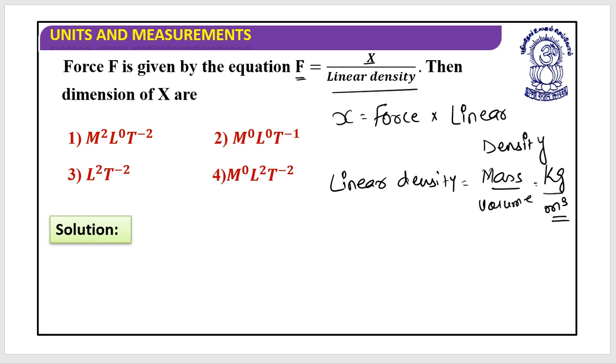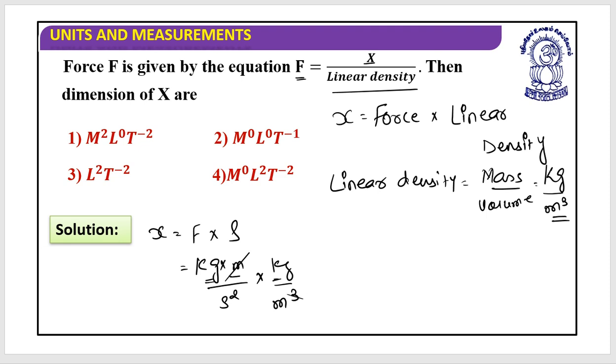Remember these things. Now let's say x is equal to force multiplied by density, let's represent it as rho. Force is kg into meter per second square, multiplied by density, which is kg per meter cube. Here it is kg, here it is kg.